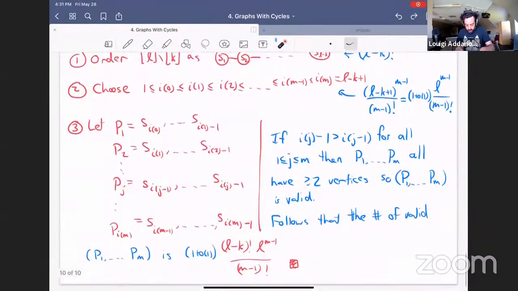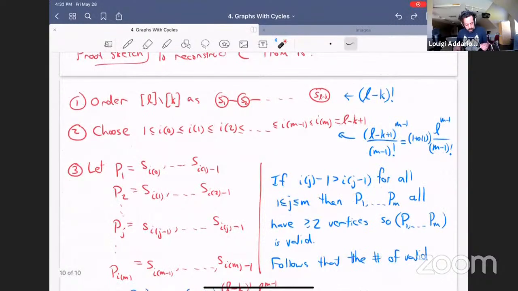Because I've only taken I1 up to Im minus 1 weakly increasing rather than strictly increasing, the symmetry factor on the bottom isn't always m minus 1 factorial. If I2 and I3 are equal, then permuting them doesn't change the ordering. So there's a slight imprecision. This isn't exactly the number of ways of making the choice.